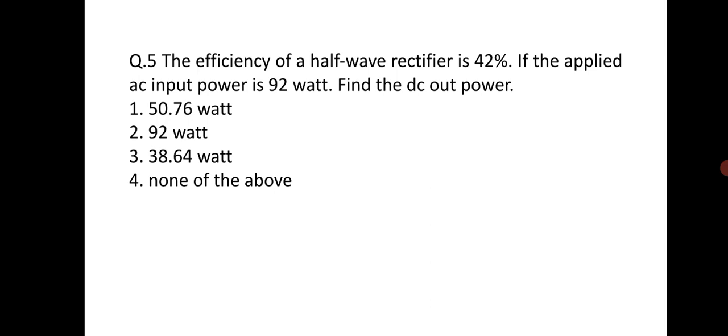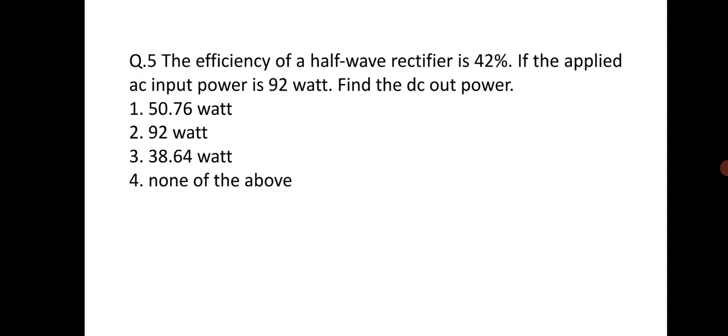Next question. The efficiency of a half wave rectifier is 42%. If the applied AC input power is 92 watt, find the DC output power. So here the efficiency is given and the input power applied is given. What you have to find out is the output power.